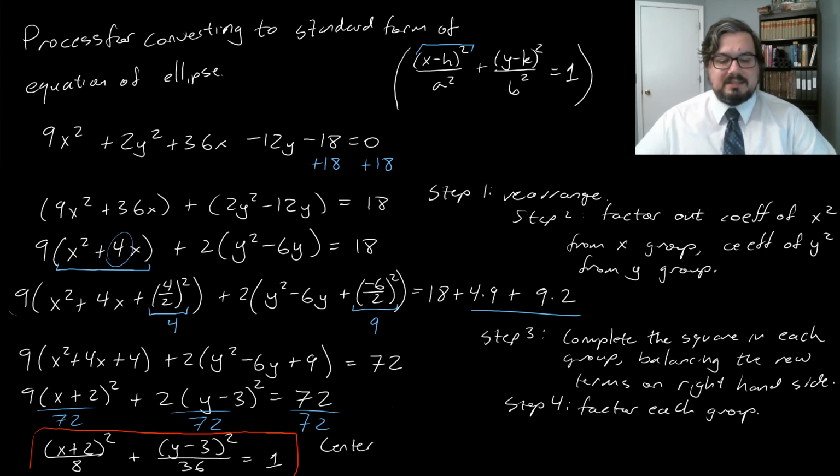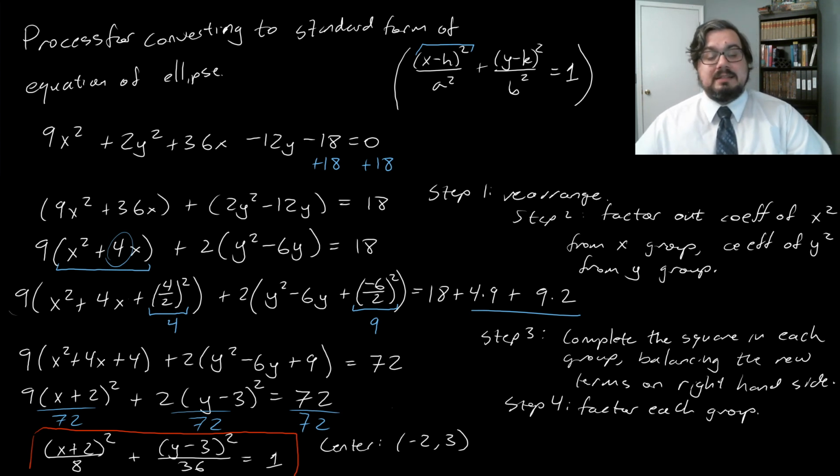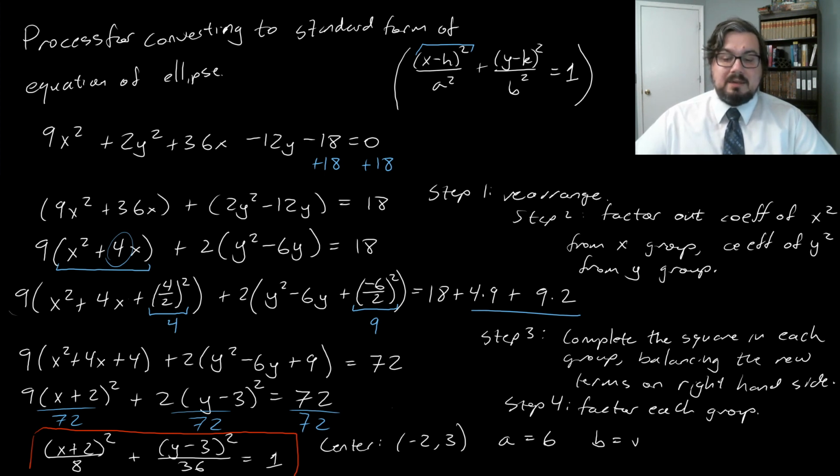We can read that the center of the ellipse is at the point -2, 3. We can see that it's oriented vertically because the denominator of the y term is larger. We have that the semi-major axis, A, is the square root of 36, which is 6. B will be the square root of 8, which is 2 times the square root of 2.